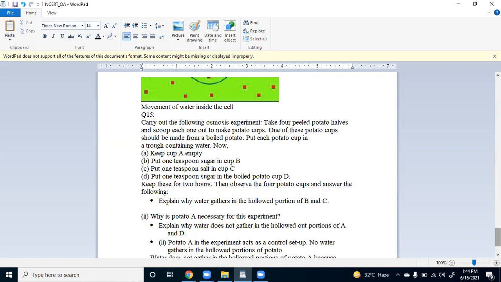See, cup B and cup C are like a hypertonic solution. So what happens if a potato is placed in a hypertonic solution? Then it will lose water. So the water gets gathered in the hollow portion.